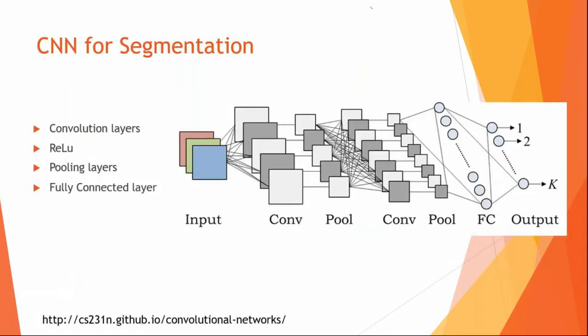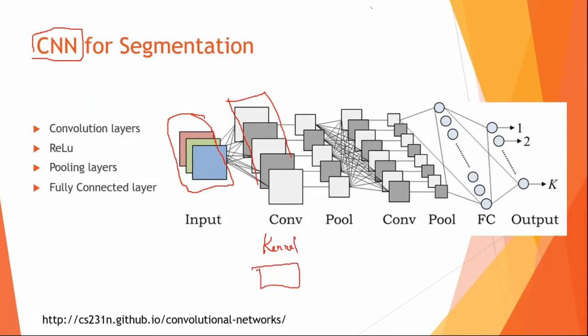Now, let us go deeper into this CNN architecture, maybe the feature extraction architecture. As I told you, CNN stands for convolutional neural network. So this is a set of images, and you have a layer of convolution here. You can call these kernels.